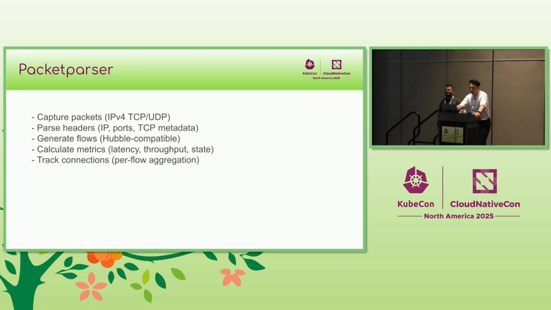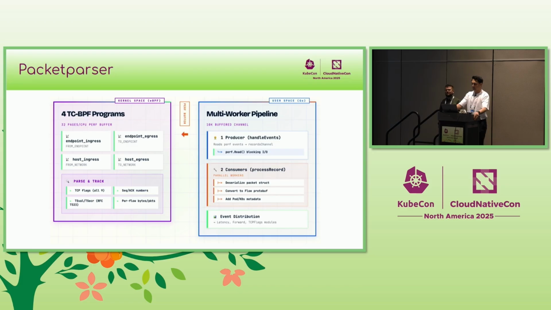Now, this is great, but we needed to draw out what is going on here and how it's working, because it's still very high level for us to blame one of these parts for what the packet parsing is doing. That's where we started looking at what part is running in kernel space and what part is running in user space. In user space, we have a 10K buffer channel and one producer.